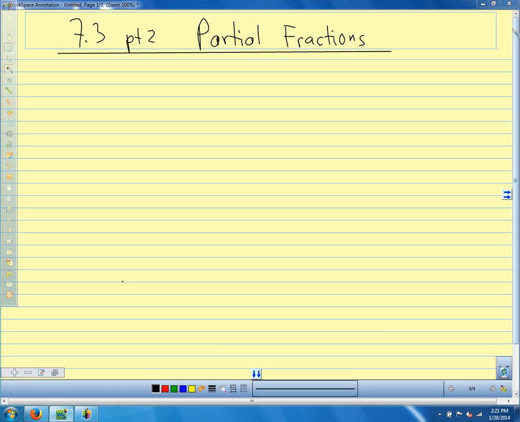So the idea with partial fractions is, back in chapter 2 we talked about rational functions that look like 3x plus 1 over x squared plus 2x minus 3, for example. What we want to do today is undo finding the common denominator and adding.